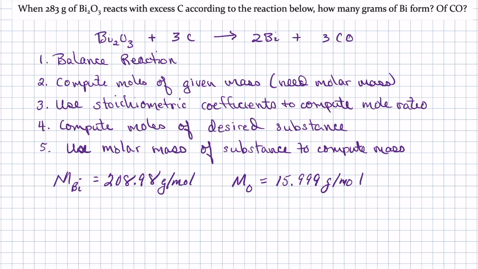Well, to figure out the molar mass, we're going to note that we've got 2 moles of bismuth in our bismuth oxide because we've got a subscript of 2. So we're going to take 2 times 208.98 grams per mole and add to that 3 moles of oxygen because we've got a 3 in our formula, right here is a 3.